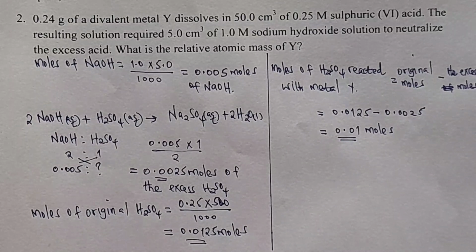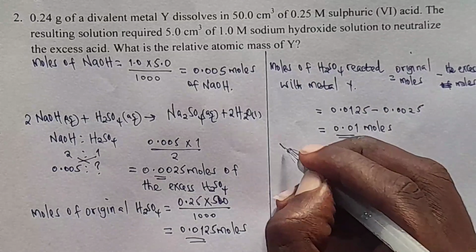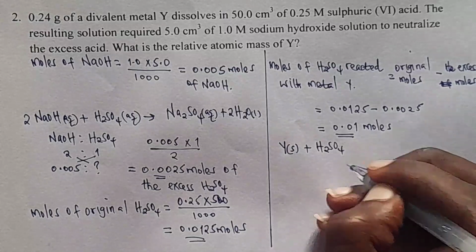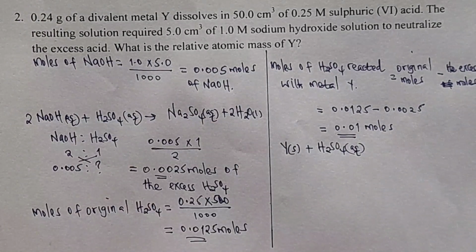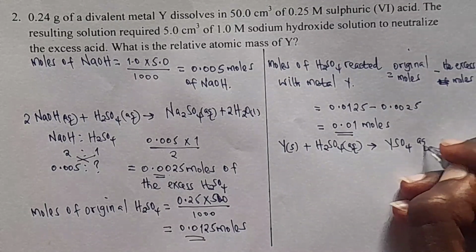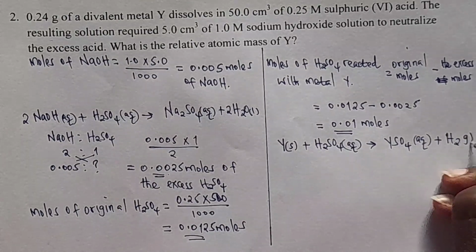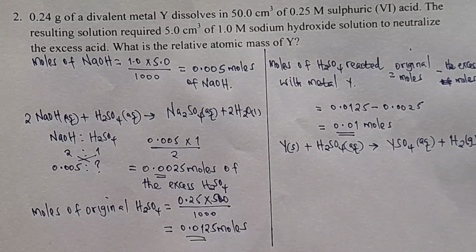Next, we have to get the number of moles of metal Y that reacted with the sulfuric acid. So how are we going to get that? We are going to write the reaction between metal Y and sulfuric acid. Remember, metal Y is divalent. It is given there. It has a valence of 2. So that means we are going to get Y sulfate solution plus hydrogen gas, because when metal reacts with dilute acid, we get salt and hydrogen gas.